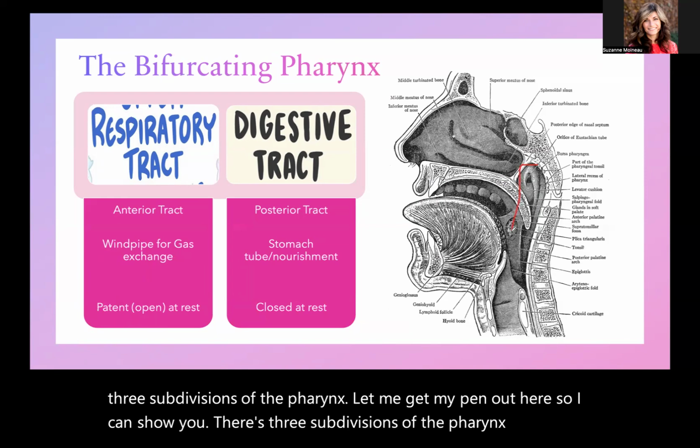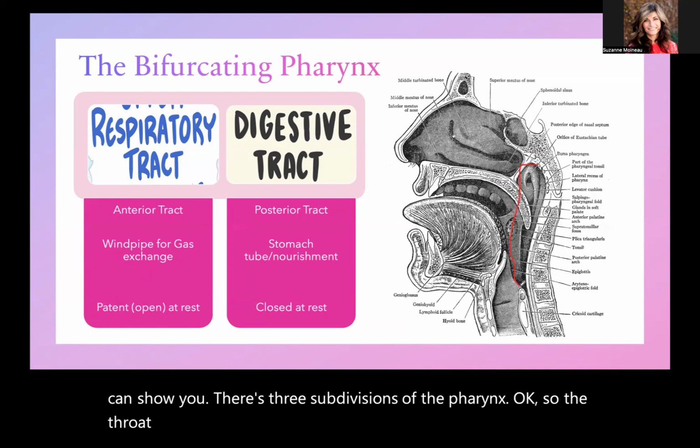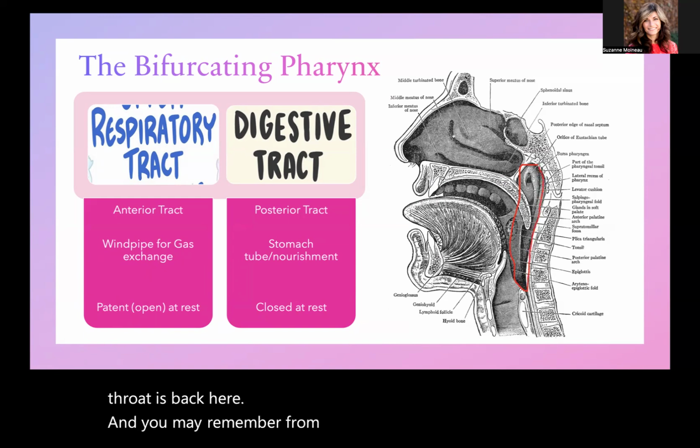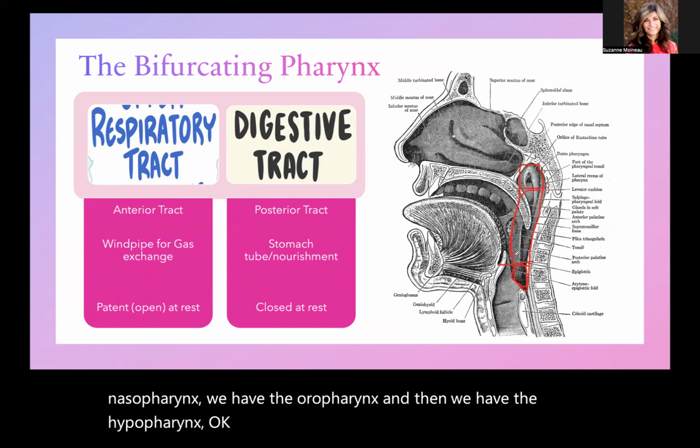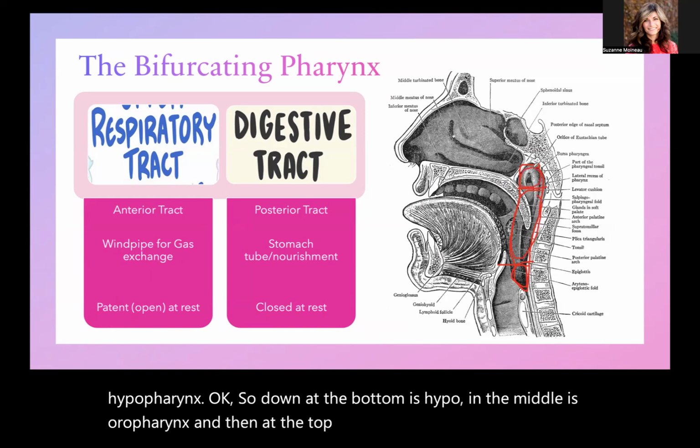Okay, so the throat is back here. And you may remember from your A&P course that we have the nasopharynx, we have the oropharynx, and then we have the hypopharynx. Okay, so down at the bottom is hypo, in the middle is oropharynx, and then at the top is nasopharynx. And we'll review it again as we go forward.